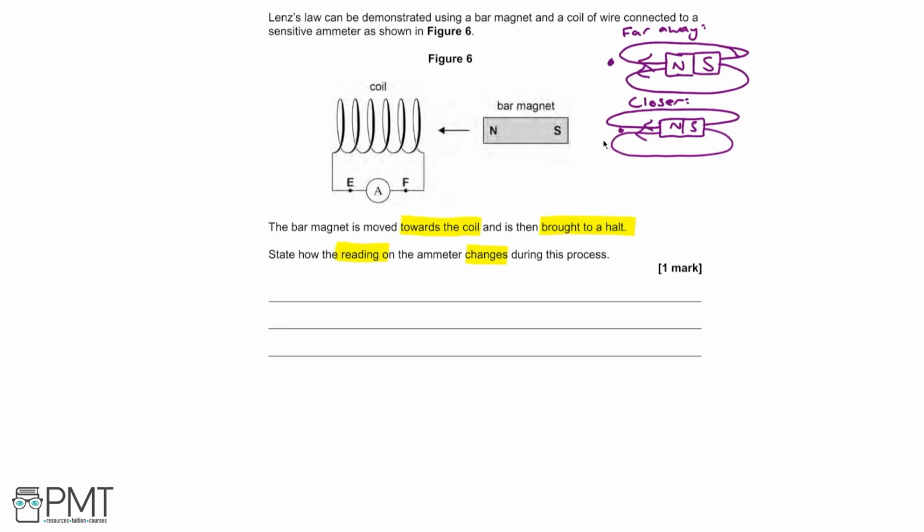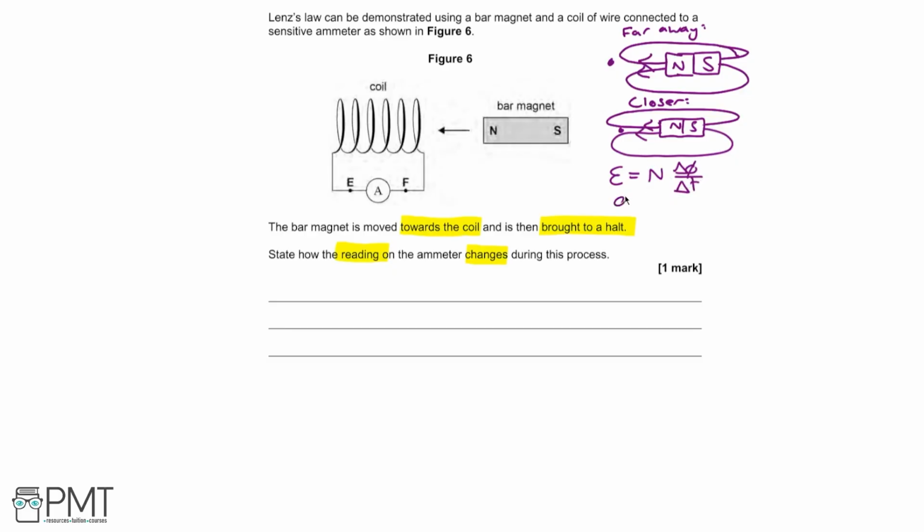Therefore, because we have a magnetic flux density that's changing, we can use Faraday's law. The induced EMF is equal to N, the number of turns in the coil, multiplied by delta phi divided by delta t, the rate of change of magnetic flux.